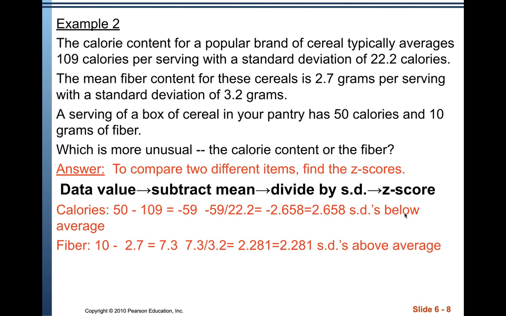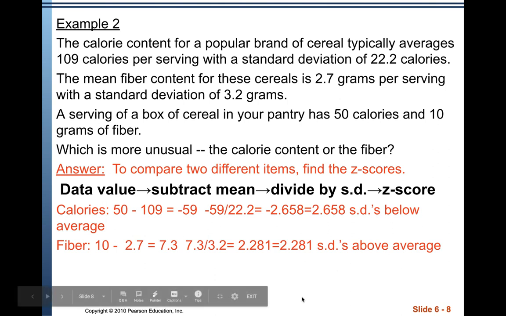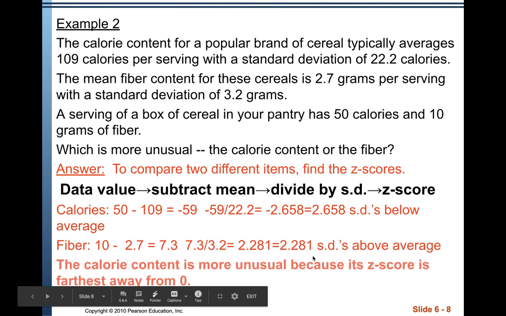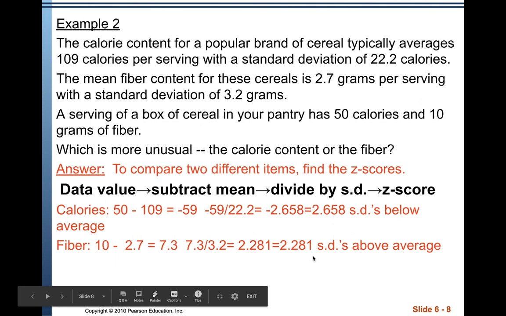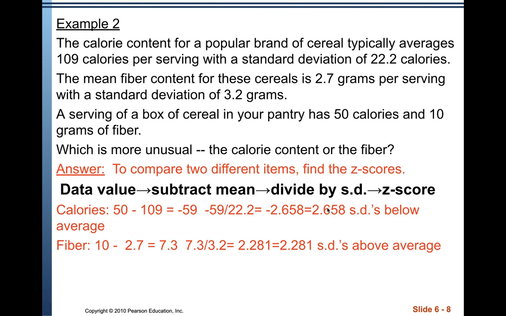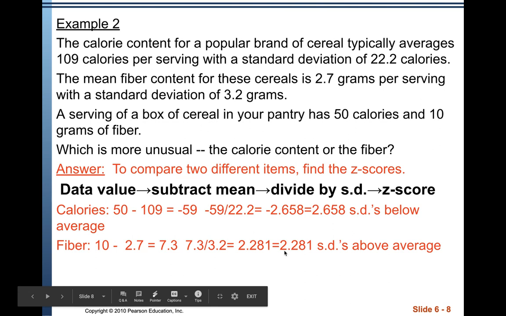Now, to figure out which is more unusual, and this is what the word unusual means in statistics, we want to look at which z-score is farther away from zero. If I were to put negative 2.658 and positive 2.281 on a number line, which one is going to be farthest away from zero?